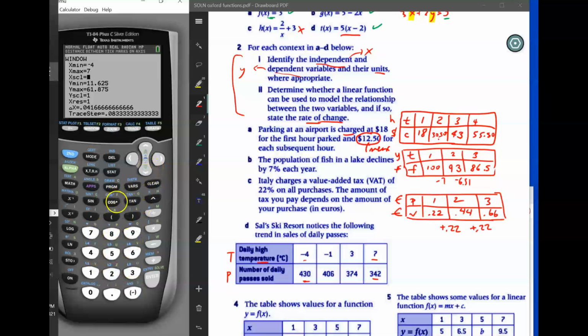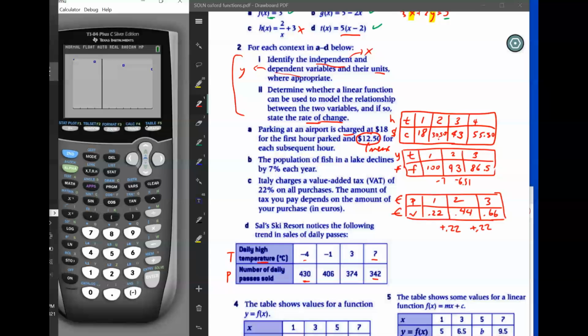And for the y min and y max, I think I'll put 0 and 430. Of course, you could use stat plot, remember? And they look linear, so I think they are linear, okay?